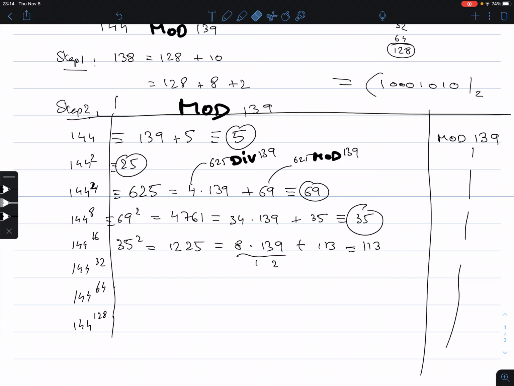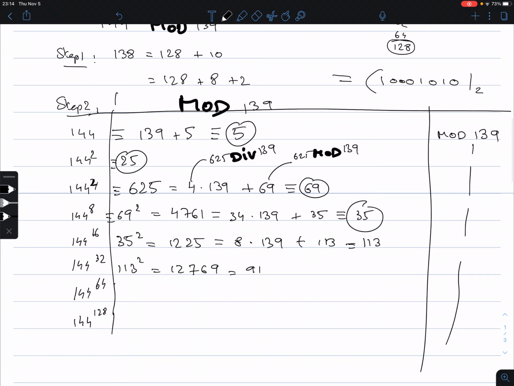Again, I get rid of this and square 113. 113 squared is 12769. Divide that by 139. It's 91 point something, so 91 times 139 is 12649.